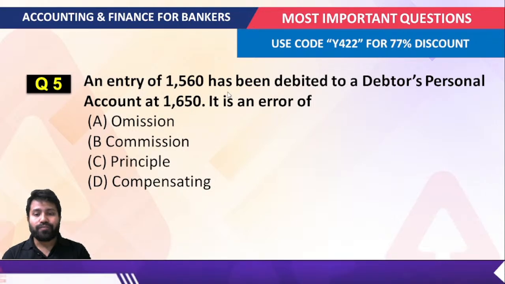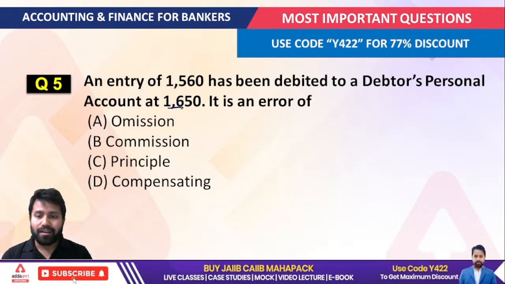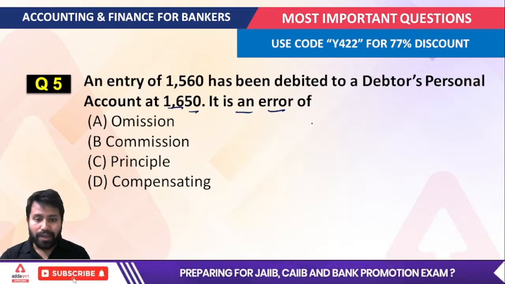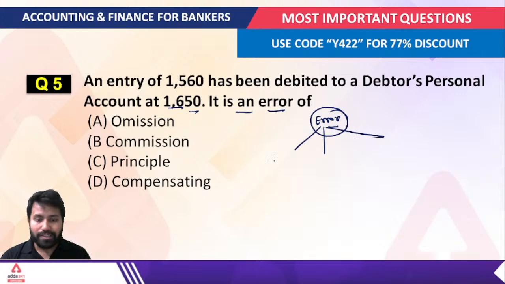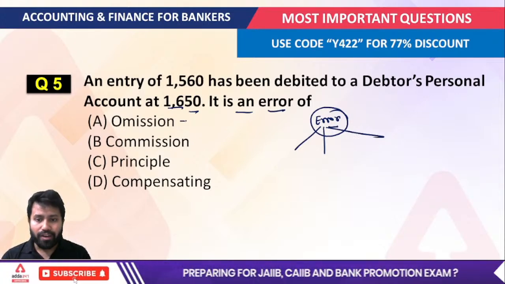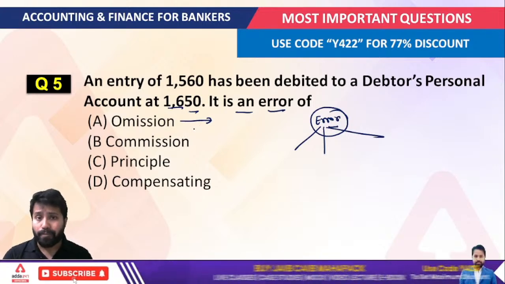An entry of 1560 has been debited to the debtor's personal account at 1650. It is an error of what? Look, the very important concept you always have to understand when we're talking about errors of the trial balance: there are multiple errors, like the error of omission, where we forget to record the transaction either partially or completely.